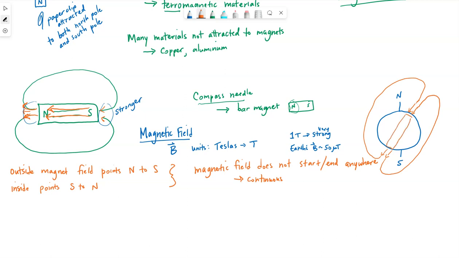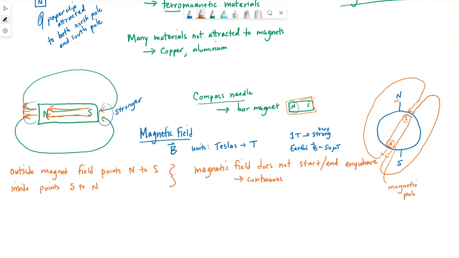It's as if the Earth is a big old magnet with the north magnetic pole. So this N means magnetic pole. And then the south magnetic pole is closer up to the North Geographic Pole. And that's why these compass needles, the north would point towards the North Geographic region.